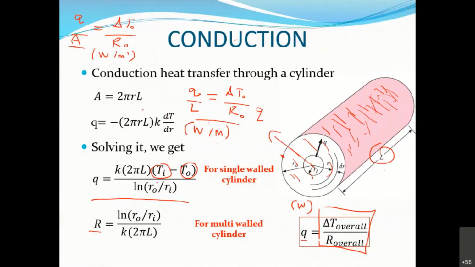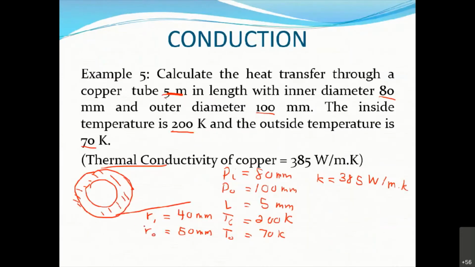Right? So if you look at this equation, you want to find the value of Q. The K value is known, 2 pi L is known, Ti and To are known, and your Ro and Ri are known. So when you know all these values and substitute, you get a value of Q in terms of watt.